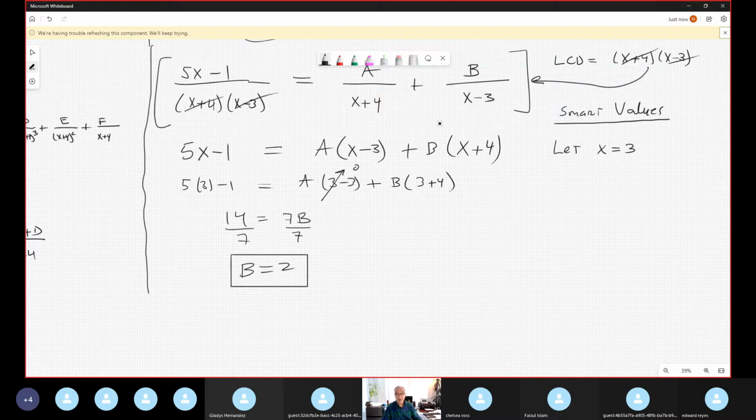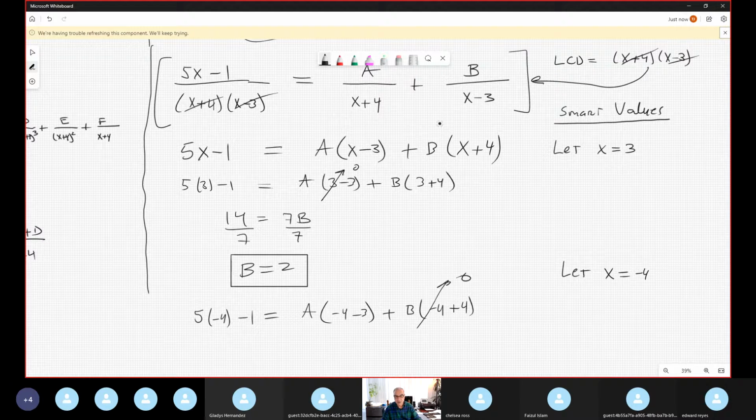Well, I need to find A. So you create another smart value, let x equal minus 4, because my intention now is to eliminate that part. Negative 4 here plus 4 is 0, is gone. So 5 times negative 4 minus 1 should be equal to A times negative 4 minus 3 plus B times negative 4 plus 4, which is 0.